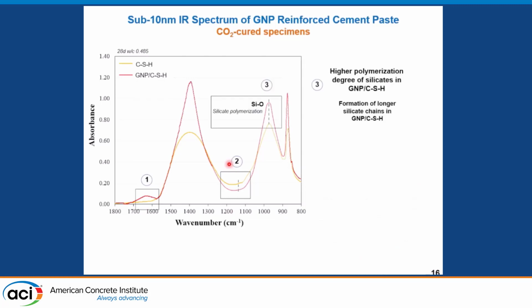And furthermore, the characteristic silicon-oxygen peak at the 970 wavelength is identified here, and please recall that this peak is always present in specimens that contain calcium silicate hydrates, and it does not change in carbonated specimens. However, now the presence of the exfoliated tri-layer GNPs contributed to a higher polymerization degree of the silicates and the formation of longer silicate chains within the system.